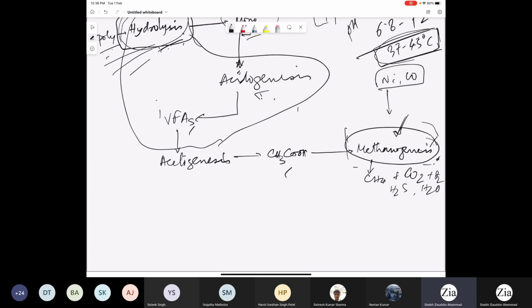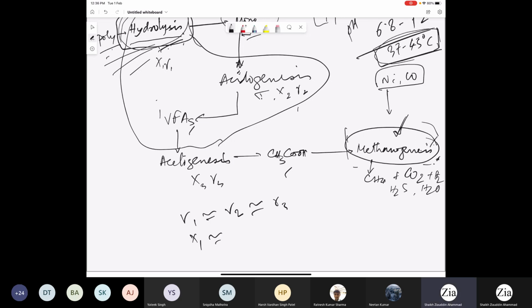This co-culturing, or simultaneous production of all steps through methanogenesis in a single reactor, is possible only if the rates are comparable. Suppose the hydrolyzing bacteria have amount X1 with rate R1, then X2 with R2, X3 with R3. We know that R1, R2, and R3 are almost similar.